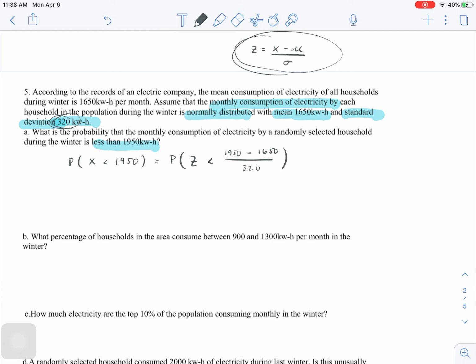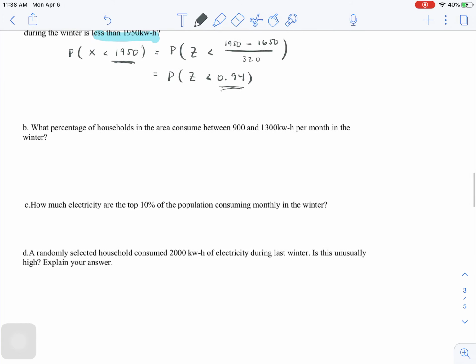I can plug this into my calculator, and I get that 1950 minus 1650 over 320 is 0.94. So the probability that a household consumes less than 1950 kilowatt hours is equal to the area to the left of z equals 0.94.